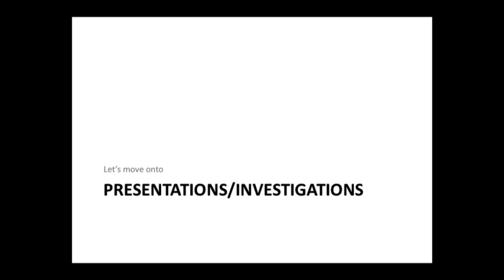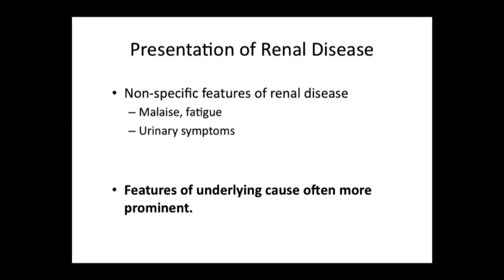Okay. So let's move on now, just talk about how these things manifest in the patient. It's all very well talking theoretically about it, but how do these things actually present? The big problem with renal disease is that the presentation is not very specific. You know, a guy comes in with central crushing chest pain going down his left arm and he's pale and clammy.